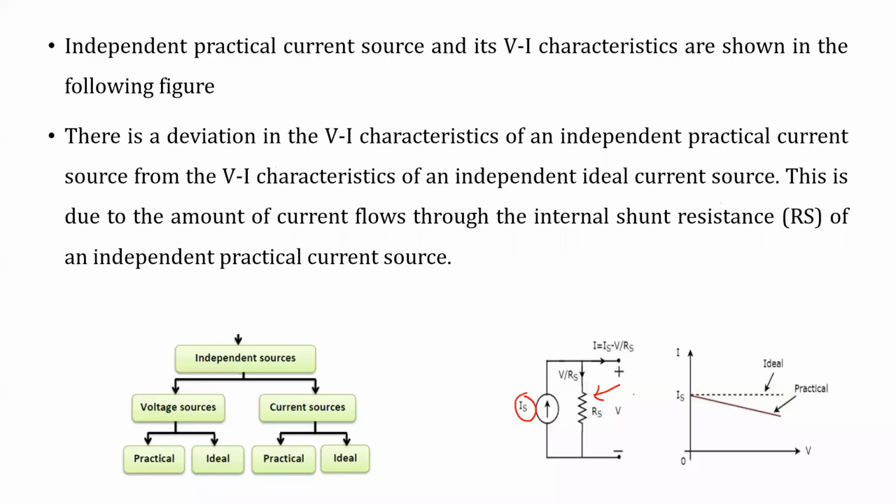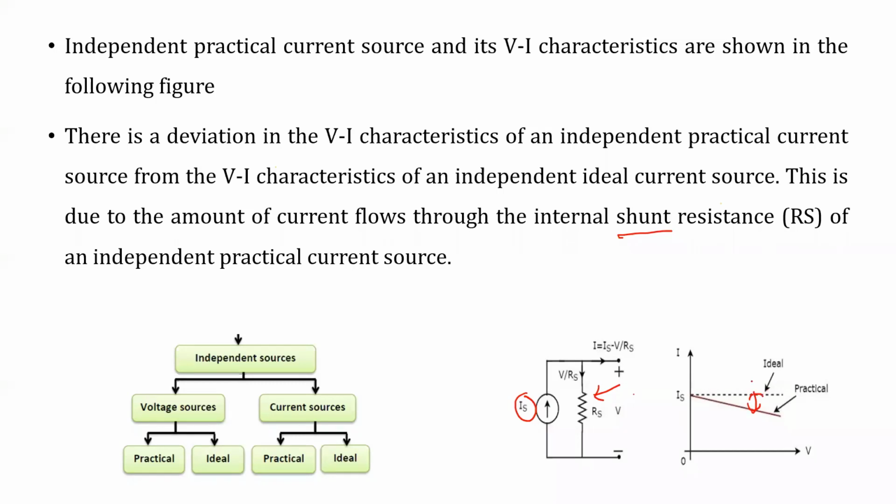There is a deviation in the VI characteristics of an independent practical current source from those of an independent ideal current source. This is due to the amount of current flowing through the internal shunt resistor, or parallel resistor. Because of this parallel resistance, we find this deviation.